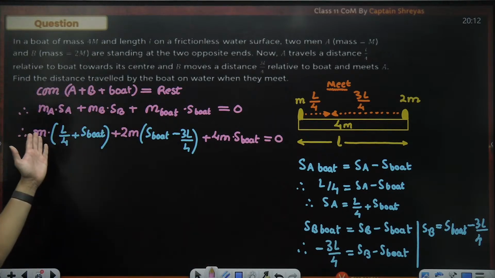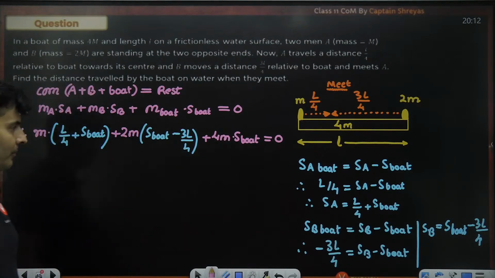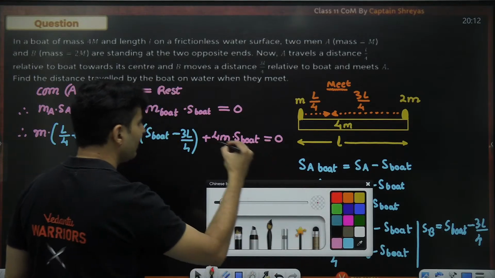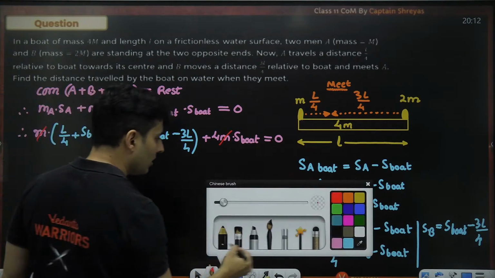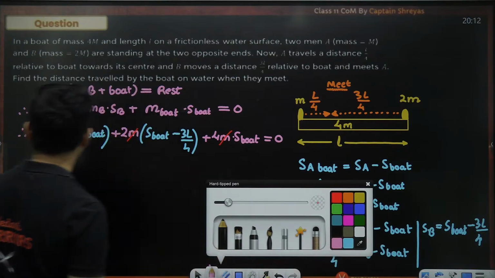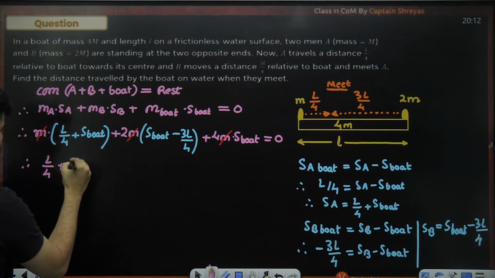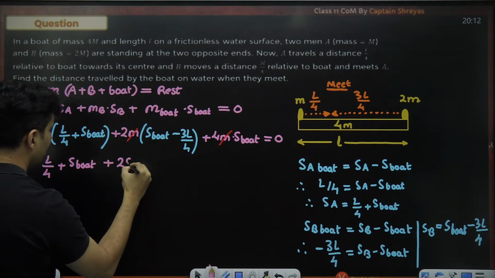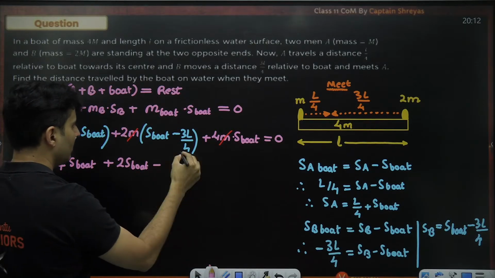So as you can see, I have reduced it to one single variable, which is S boat, which I do not know. The rest, everything will cancel off, like mass and mass will cancel over here from all three sides. Let's see what happens now. Therefore, L by 4 plus displacement of the boat plus 2 times the displacement of the boat minus 3L by 4, this 2 will cancel.